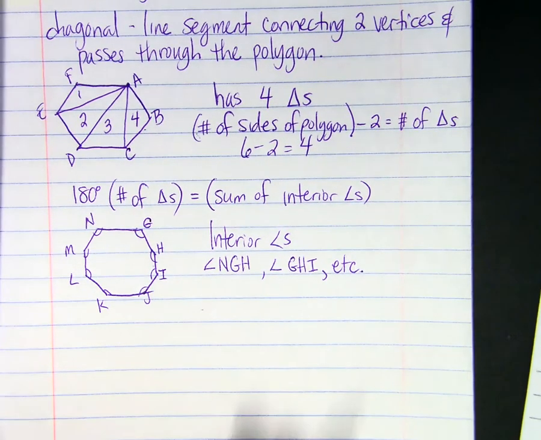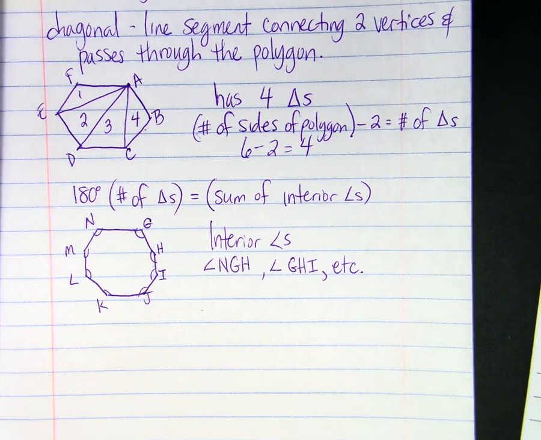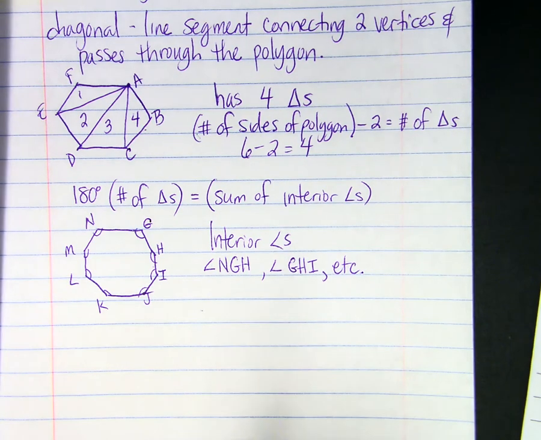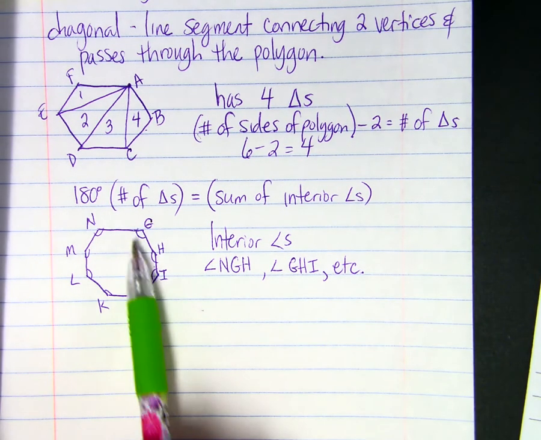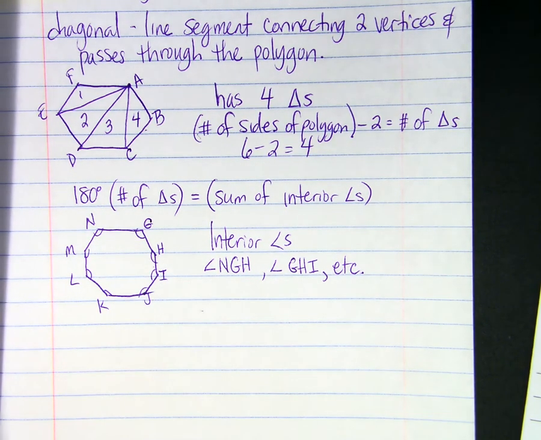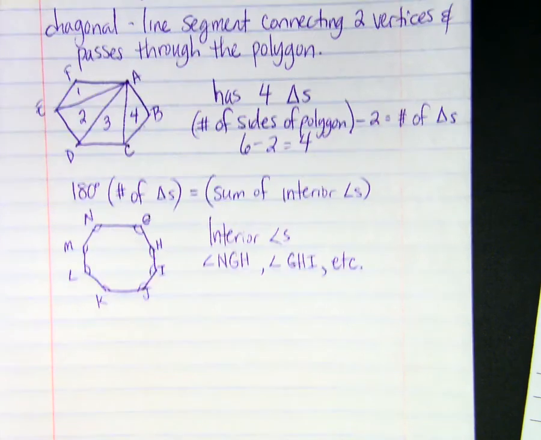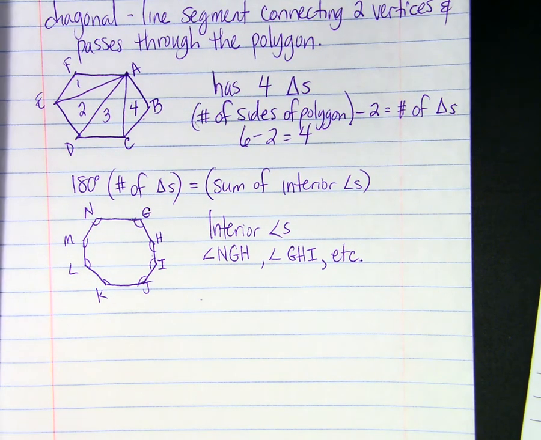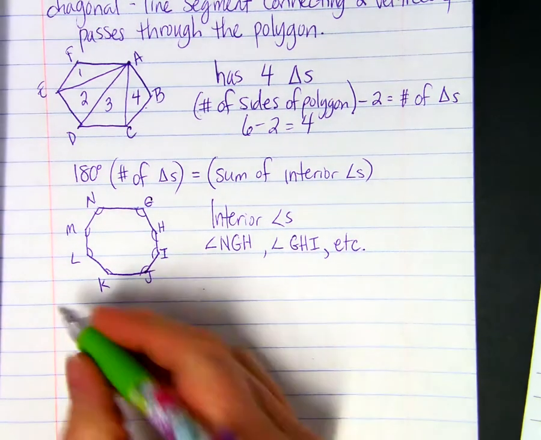If you want to find the angle measure of each interior angle, we can do that if the polygon is regular. So regular just means all the side lengths are the same. That means all the interior angles will be the same.